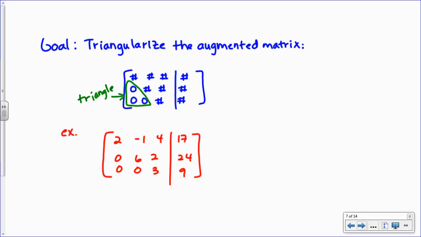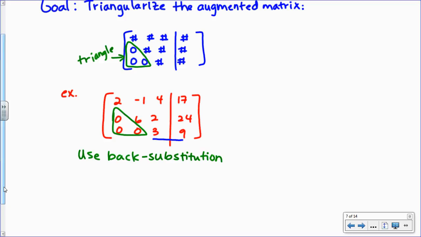So this is after we've done the triangularizing part. So I have my triangle. Then I can find x, y, and z by back substitution. So by back substituting. Okay, because what that says, we can start with this. That's 0x, 0y, so 3z equals 9. That tells me z equals 3.